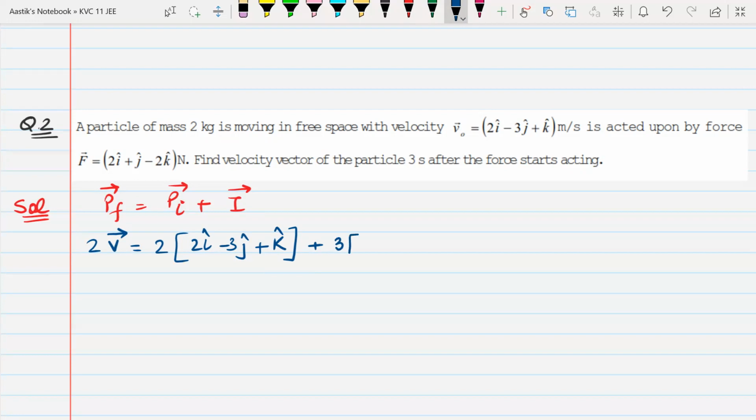Impulse is 3 multiplied by (2i plus j minus 2k), and that is what we will get. You can solve this and you will get the final velocity as 5i minus 1.5j minus 2k. And that is the result that we were looking at. I hope all of you have got this answer.